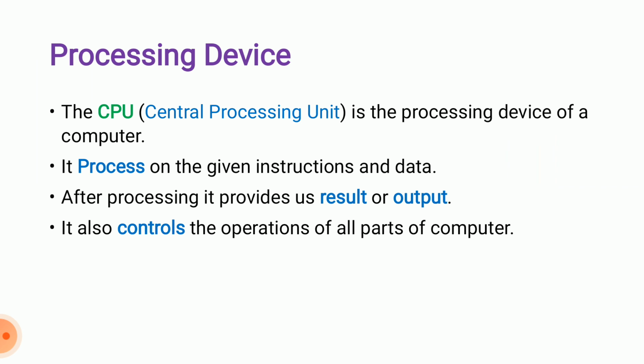So students, the main component of a computer is the CPU, and it is also called the brain of the computer. The work of the CPU is to process and give output or result to the user. It also controls the operation of all the parts of the computer. So it is called a processing device.